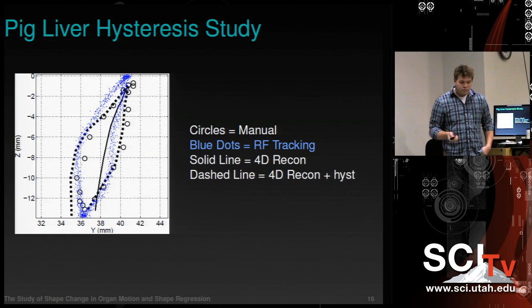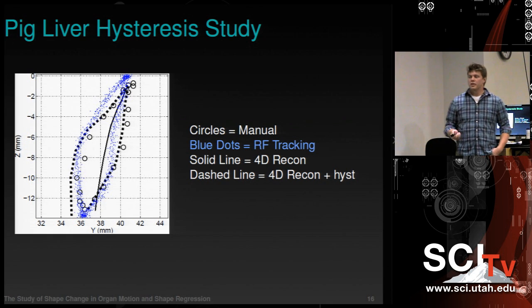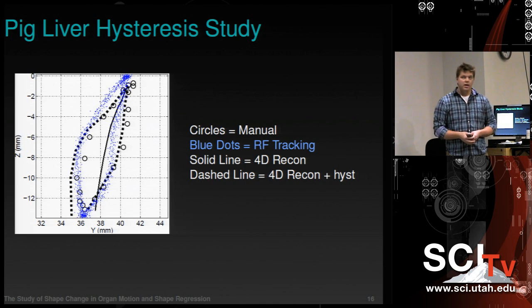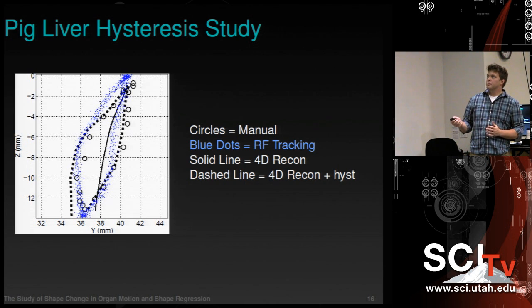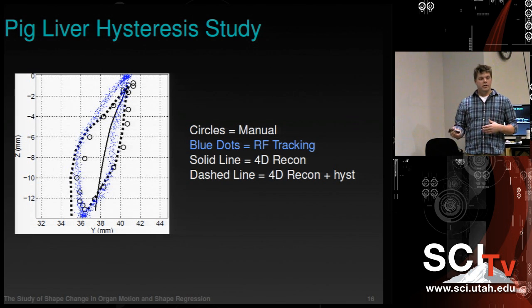So, like I said, we're kind of splitting the difference here. So we modified our algorithm to try to get a better match to the ground truth. And what we did was just said, okay, let's estimate a base image at end exhale, so at one end of this loop, so up here. Then let's estimate a different deformation, split the data based on whether you're inhaling or exhaling, and estimate a different deformation for each side of the loop.